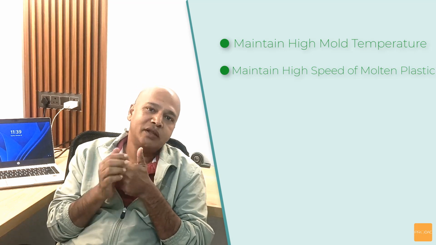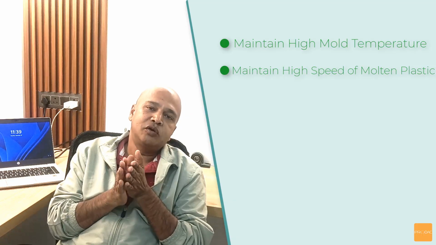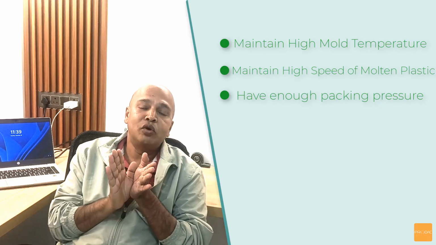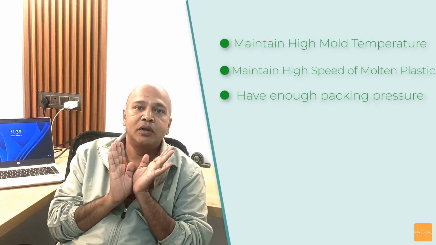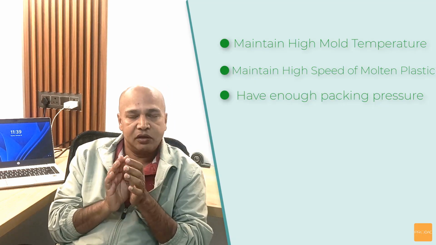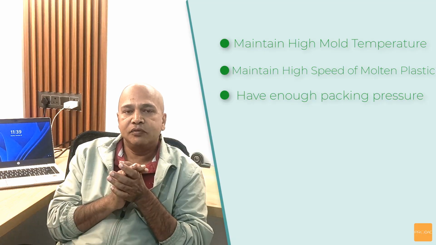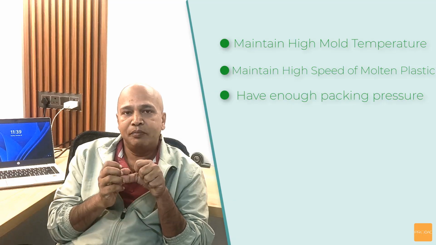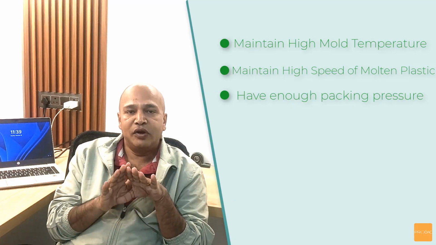Basically, how would you maintain the speed in the mold? You have to maintain the pressure for that. The molten plastic has to flow with the proper speed and adequate pressure. So these are some of the causes you have to take care of and avoid, and set the mold parameters accordingly to avoid this issue.